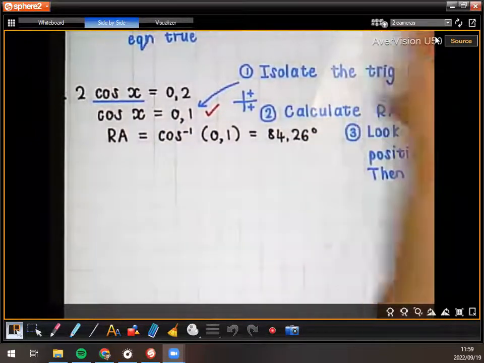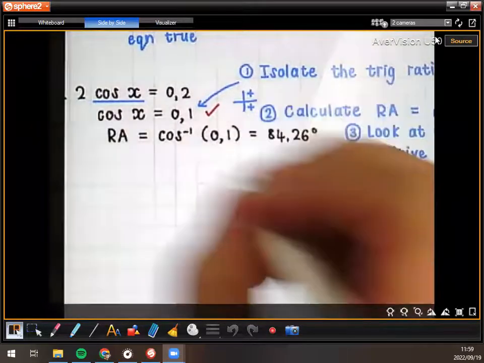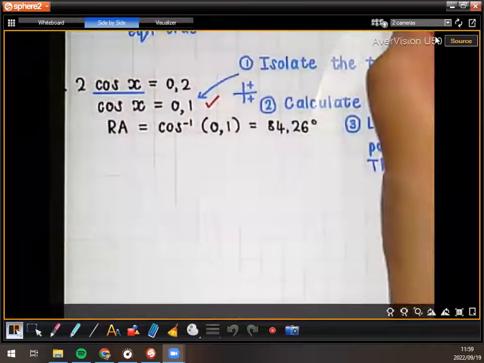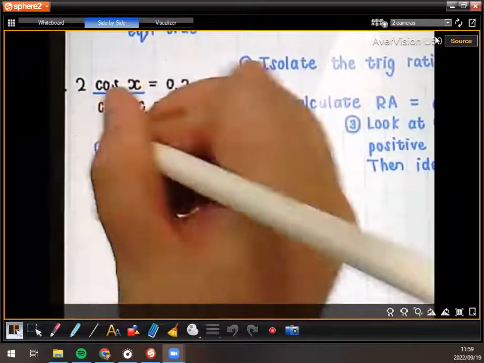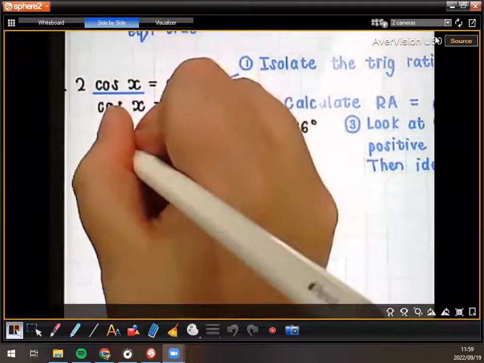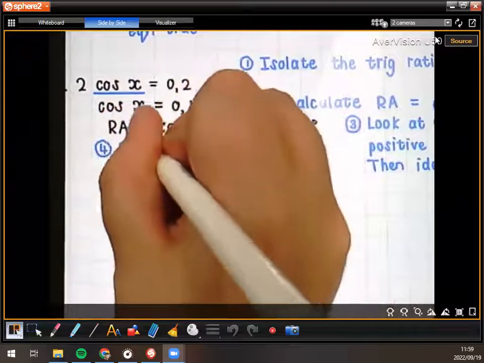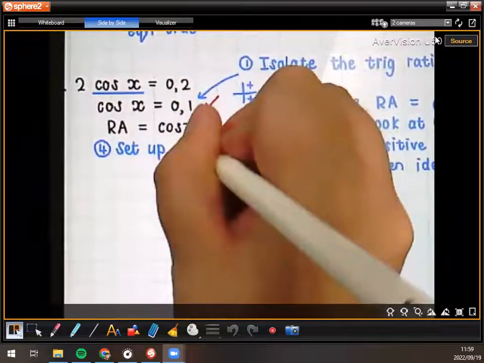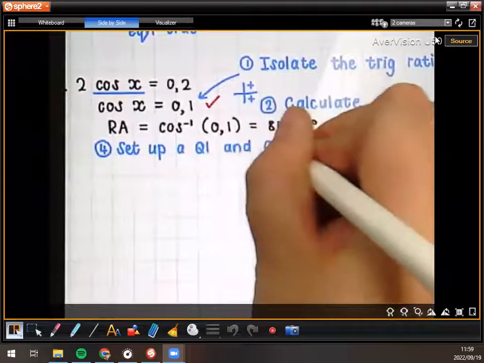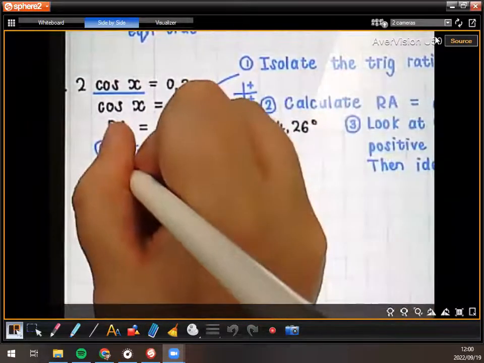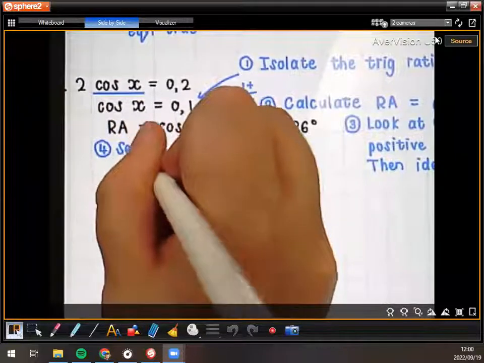Okay, so what we're going to do, and this is now step 4, let me put it over here because I'm going to do this next. Step 4 is I'm going to set up the quadrant 1 and quadrant 4 general solution.